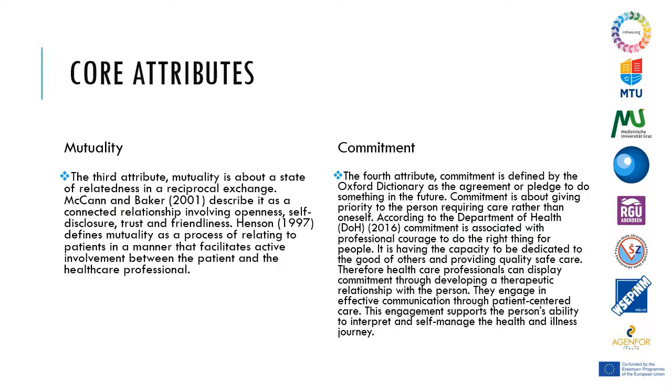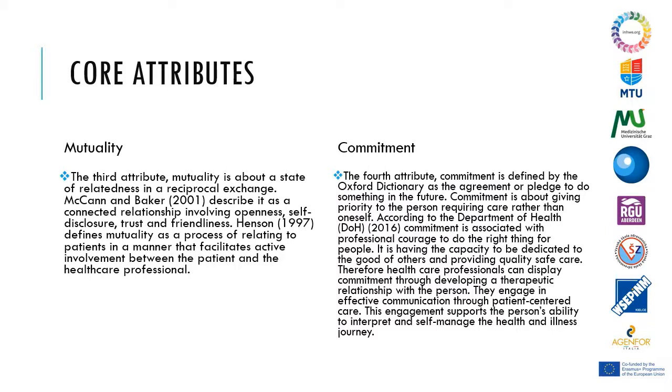The third attribute, mutuality, can be described as a connected relationship involving openness, self-disclosure, trust, and friendliness. The fourth attribute, commitment, is the agreement or pledge to do something in the future. Commitment is about giving priority to the person requiring care rather than oneself.